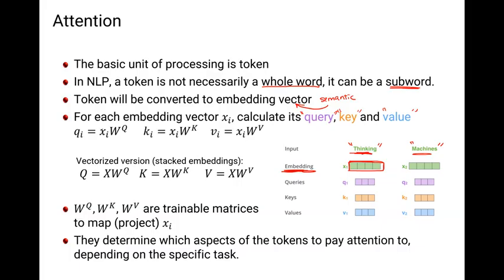Basically, you take the embedding vector and convert it into another vector based on this W, a matrix that can convert your vector into something else. The token is repeatedly multiplied by different conversion matrices, and each matrix is trainable.